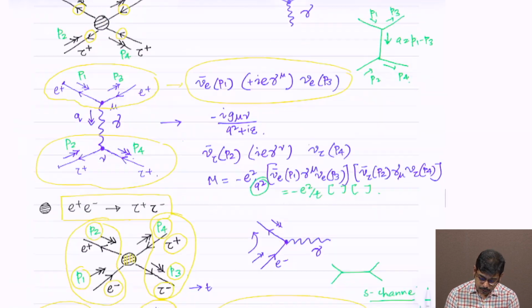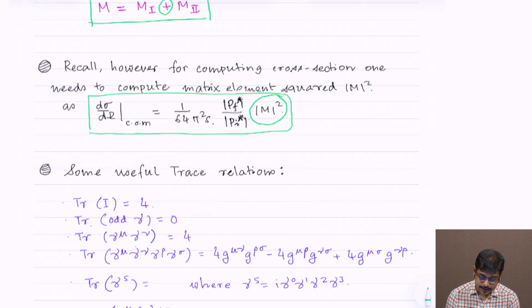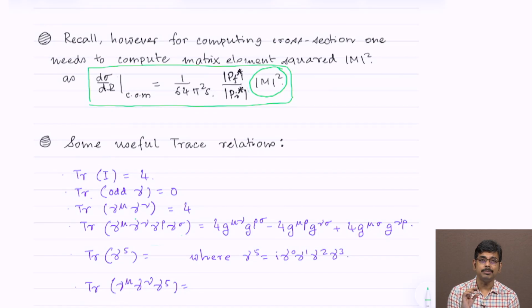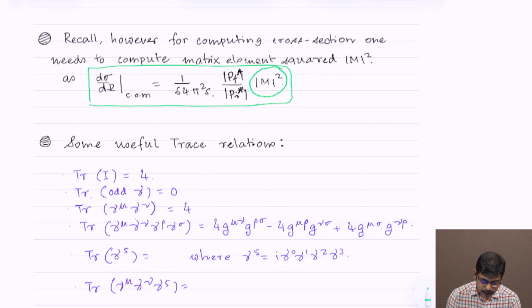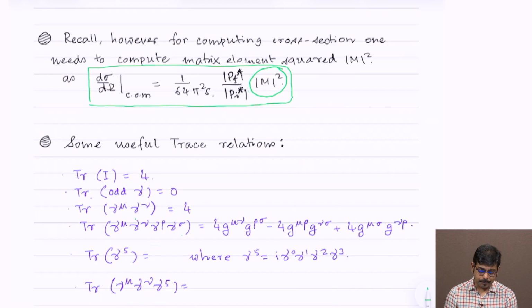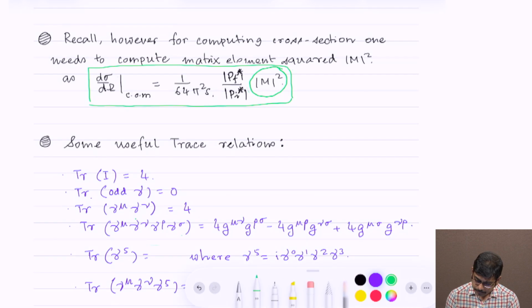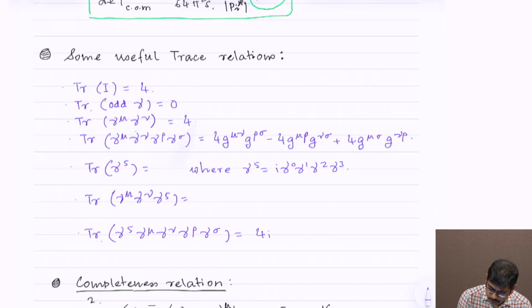In order to do so, we have to use some trace technology. First, the trace of an identity matrix which is 4 by 4 is of course equal to 4. The trace of an odd number of gamma matrices is equal to 0. The trace of gamma mu gamma nu is equal to 4 g mu nu.